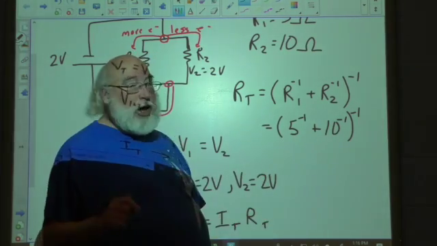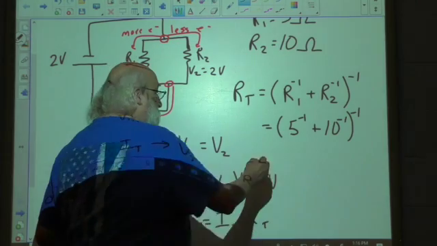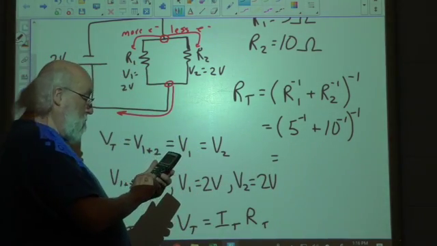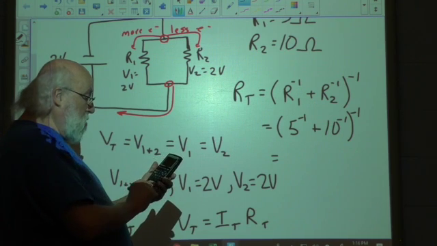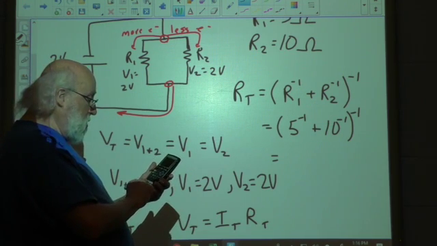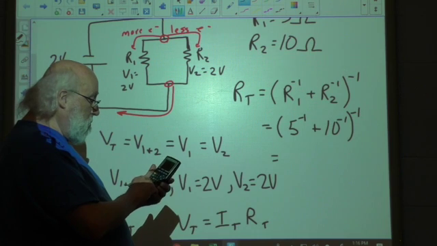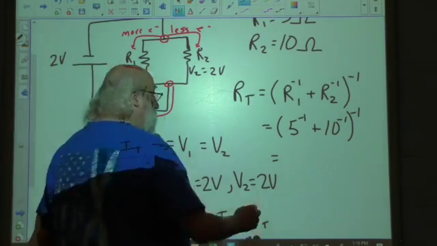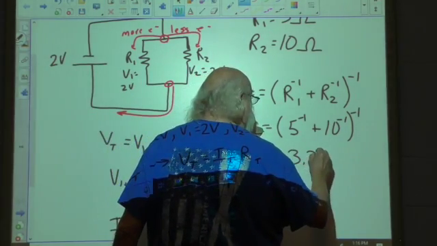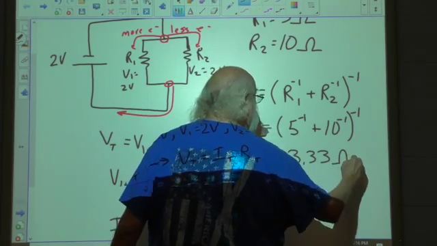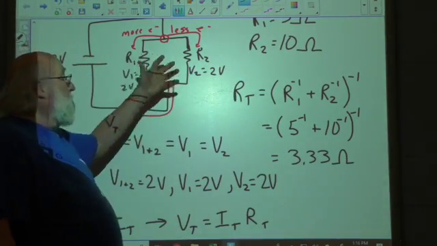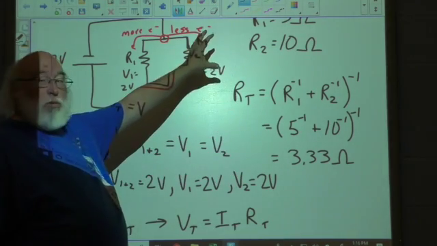But the plus sign changes it tremendously. So we're going to work this out: 5 to the negative 1 plus 10 to the negative 1, to the negative 1 power, is 3.33 ohms. So even though you have 2 resistors in tandem, they actually come out less than either one individually.